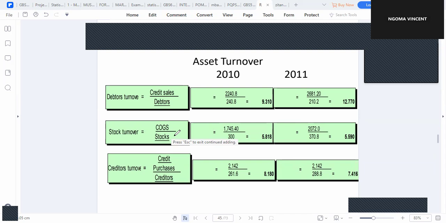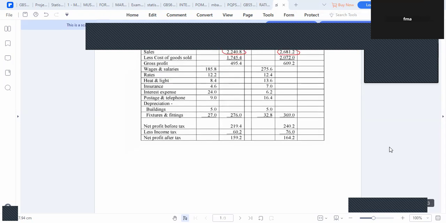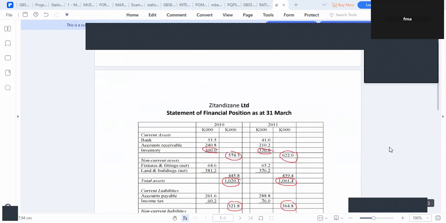Yes. So the formula for debtors turnover is credit sales over debtors. So we already find the credit sales and we already find the debtors. So we go to our balance sheet, and our sales is just from the sales itself, 2,200, which we found here, and 2,600. Then we go to our debtors, which is accounts receivable for 2010 and 2012.